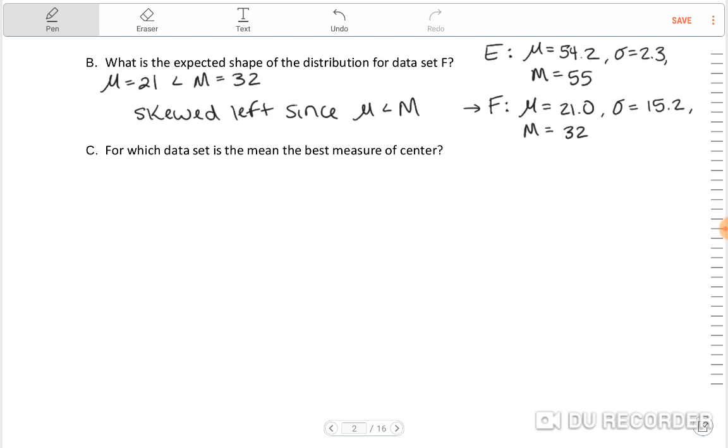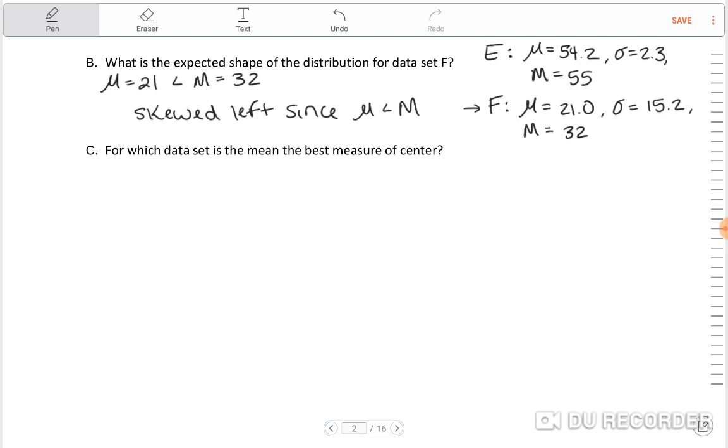So this is going to be your better measure of center if your graph is symmetric. If it's not symmetric, then median is actually your better measure of center because it more accurately represents the middle of your data versus the mean. That's because you have extreme values in those skewed graphs. As we just talked about in part B, the mean is pulled in the direction of the extreme values, so it's not resistant to those extreme values, whereas median is.